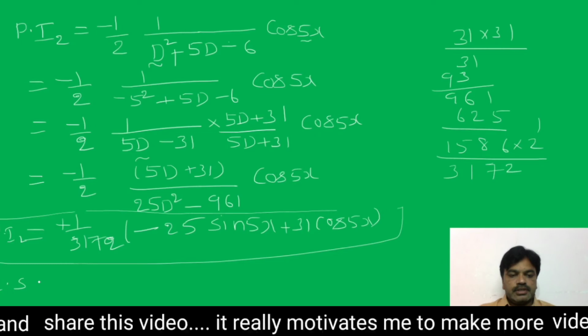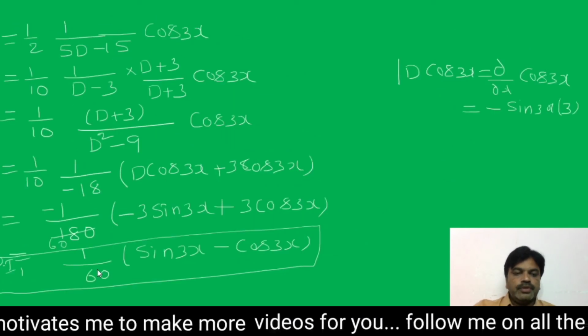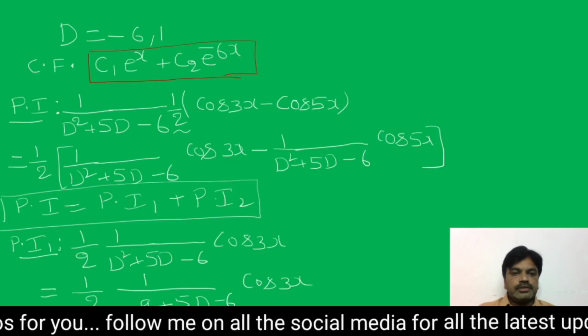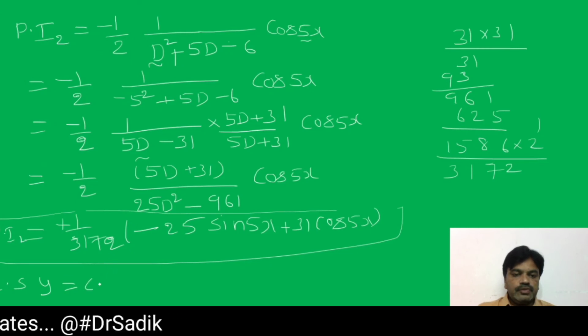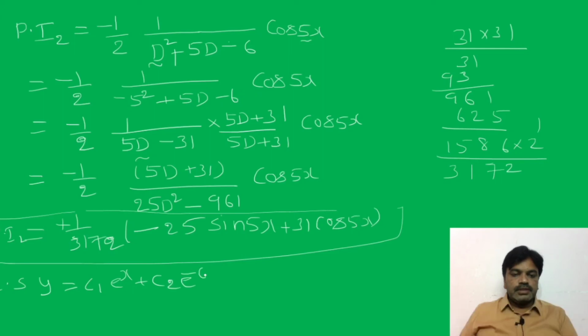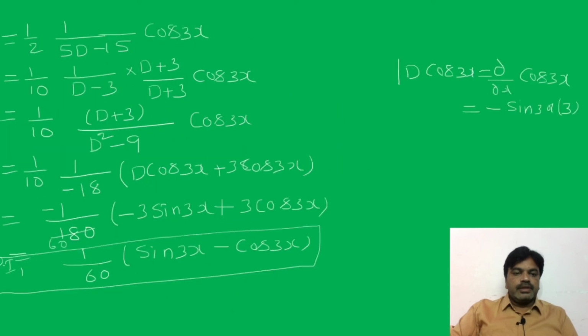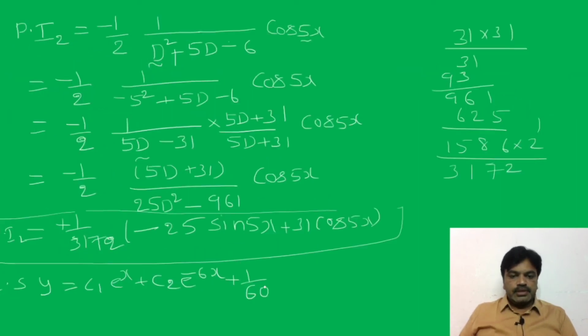So what is the complete solution, friends? Complete solution y is equal to complementary function, c1 e power x plus c2 e power minus 6x, plus particular integral 1, which is 1 by 60 into sin 3x minus cos 3x, plus particular integral 2, 1 by 3172 into minus 25 sin 5x plus 31 cos 5x.